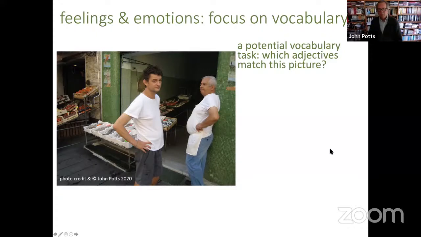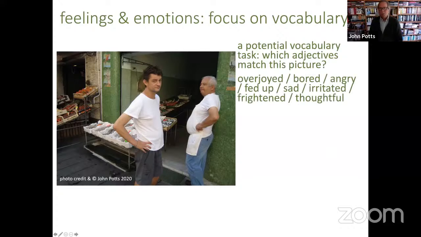So here they come. Overjoyed, bored, angry, fed up, sad, irritated, frightened and thoughtful. Bored comes up. Lethargic, Rishi says. Yes, that wasn't on my list, but it's a very nice adjective. Yes, nice. Okay, a bit more positive there, but lots of fed ups coming there.